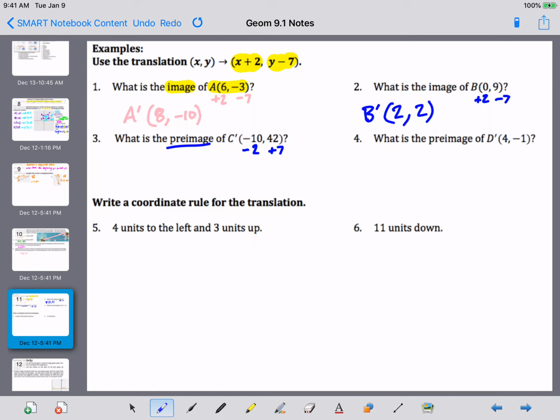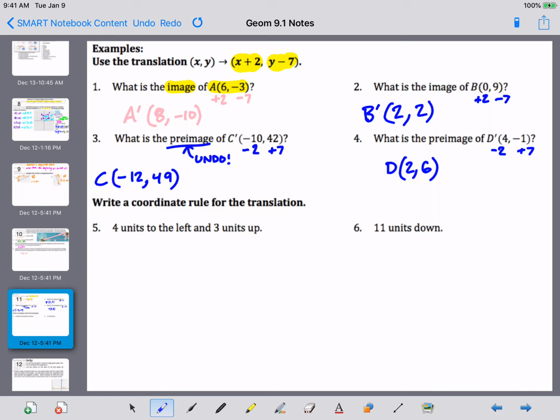So that means C, if you're trying to find the pre-image, what you're doing is you have to undo what was done to C. Well, if we undo that, we know that C was at negative 12, comma 49. So they gave us C prime and we found the original. All right, same idea here in part 4, subtract 2, add 7. That means D was at 2, comma 6.